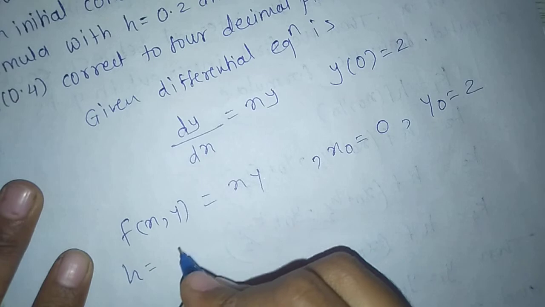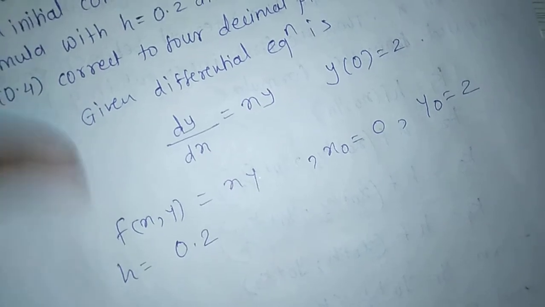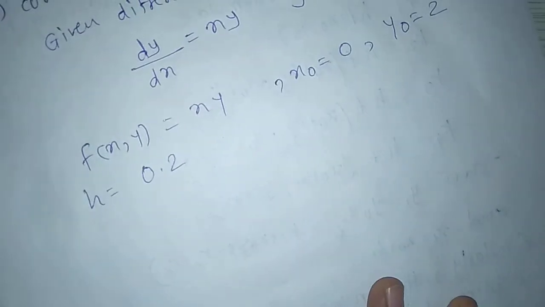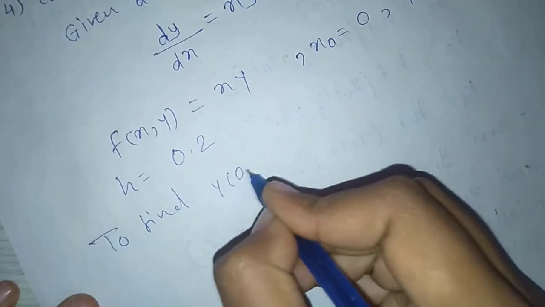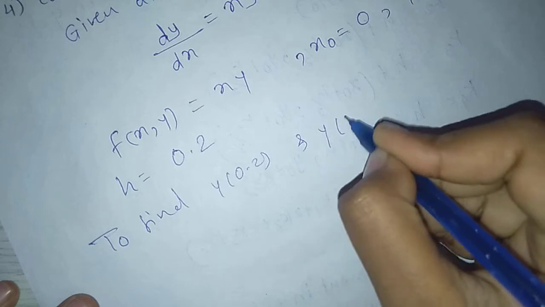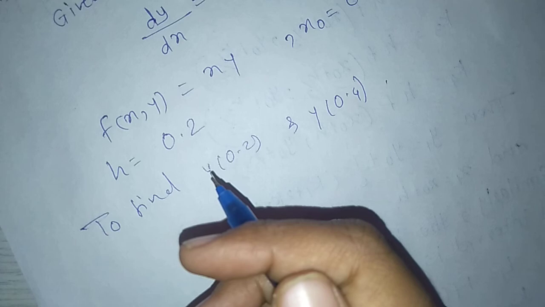H equal to 0.2 is given. To find y of 0.2 and y of 0.4, we use the Runge-Kutta fourth order formula.